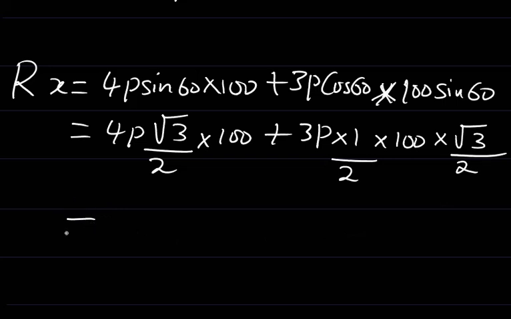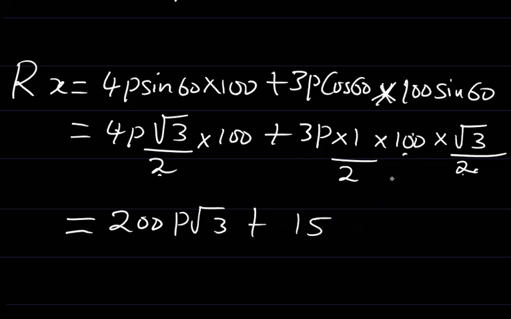Let's simplify. 4 divided by 2 is 2p. 2p multiplied by 100 is going to be 200p root 3. Let's do this. 100 divided by 2 is 50.